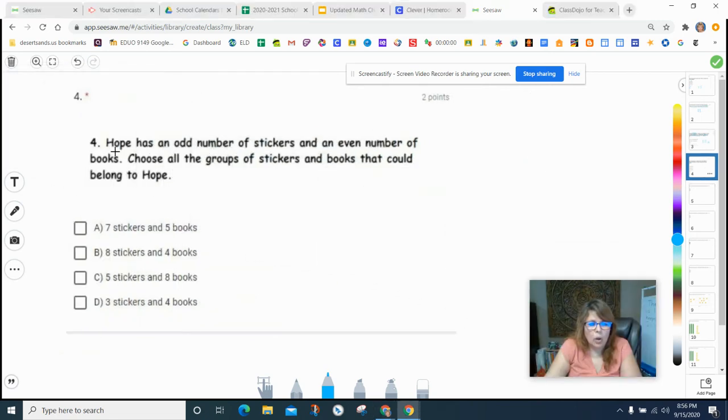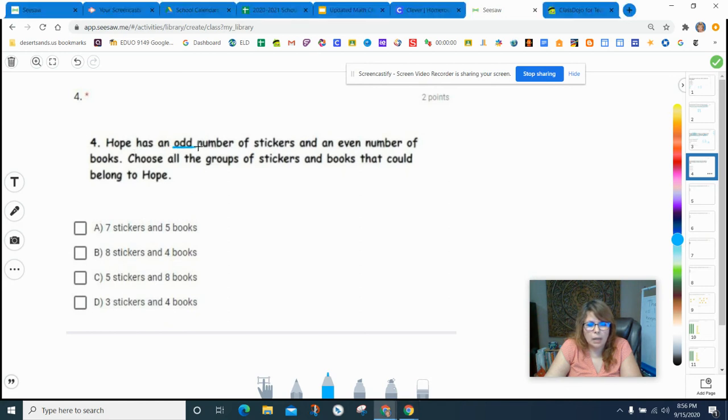Okay, now Hope has an odd number of stickers and an even number of books. So I'm going to put odd and I'm going to put stickers. I can put just ST for stickers. I'll just put stick.